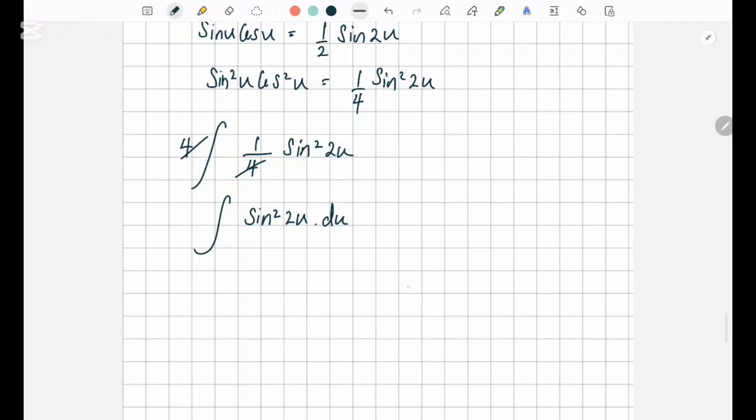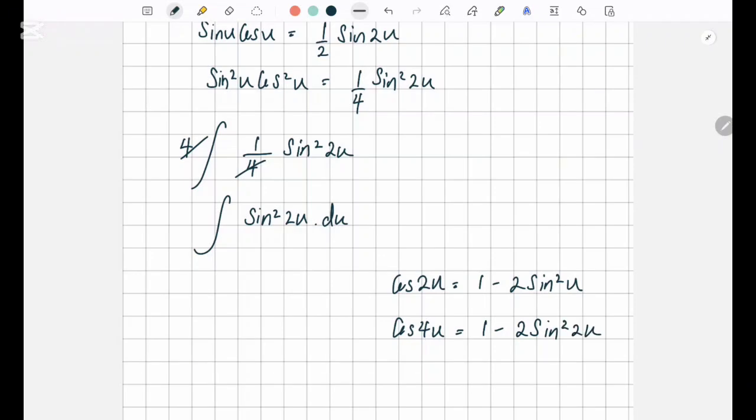Now we know cos 2u equals 1 minus 2 sine squared u, right? So therefore cos 4u equals 1 minus 2 sine squared 2u.